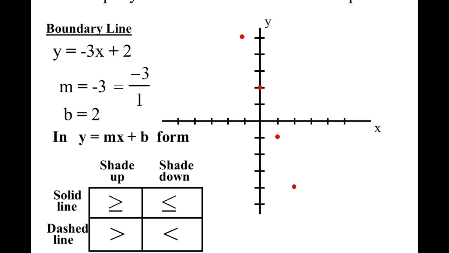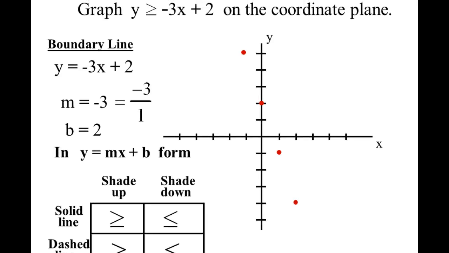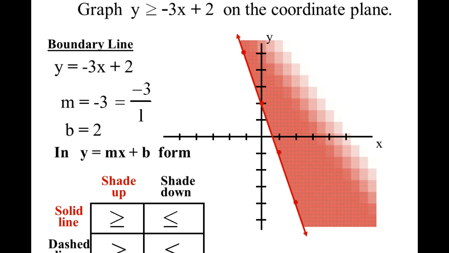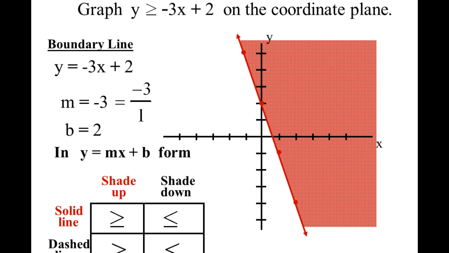Okay? So in this particular problem, it's a greater than or equal to, so that means I need a solid line. And then you go on any point and you go straight up. That's the side that you shade on. Now be careful that you don't say this is shaded right. It's actually shaded up because it's the y-axis, it's the y variable.